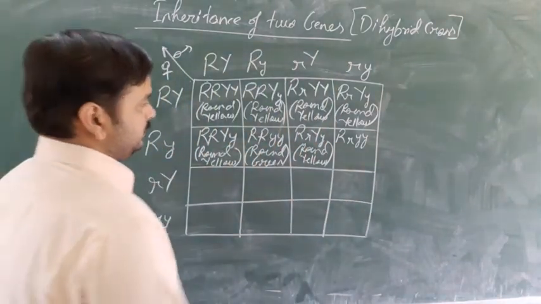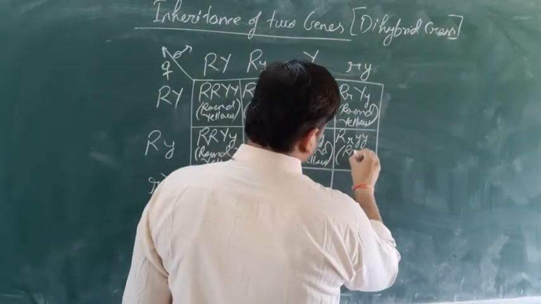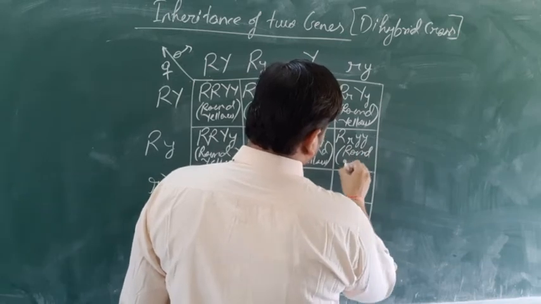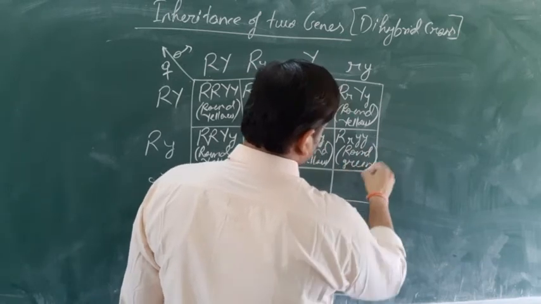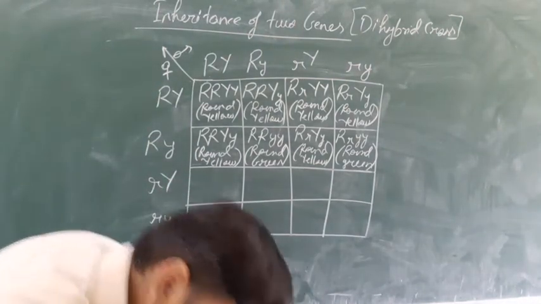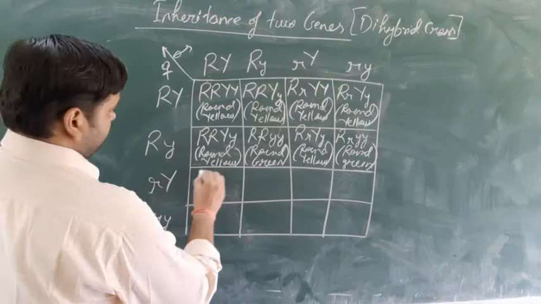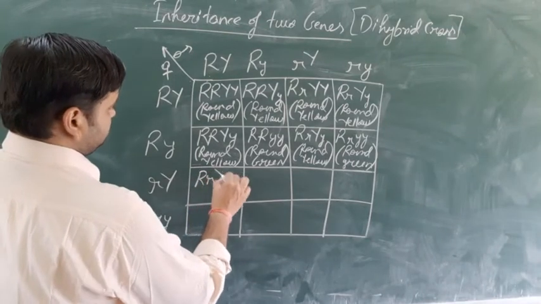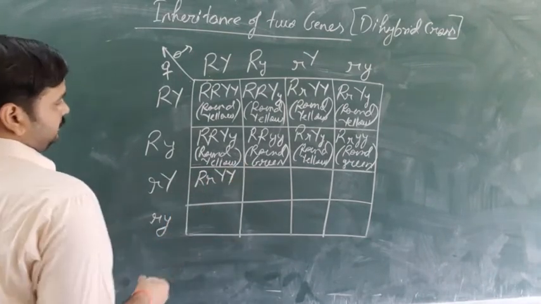So again here the phenotype will be round green. Capital R small r capital Y, so round yellow.